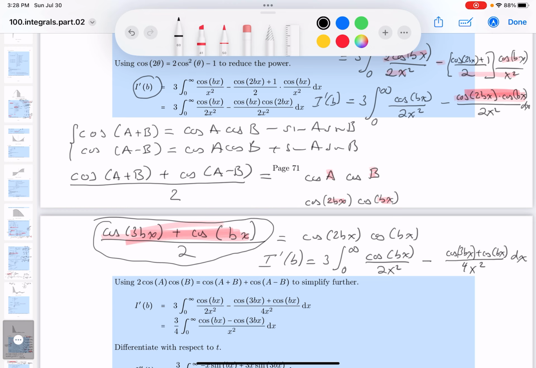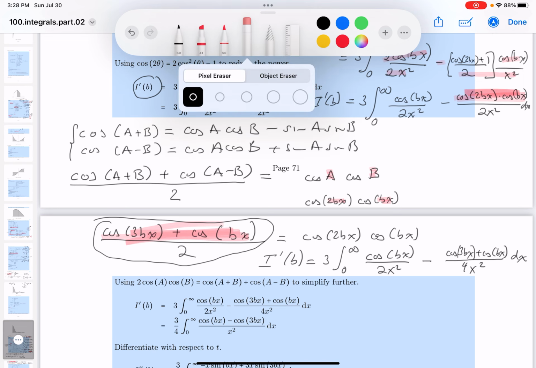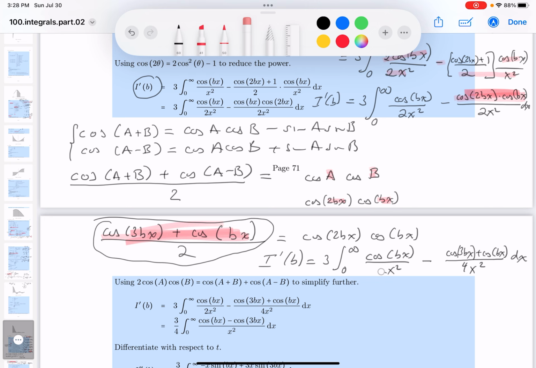Well, I'm going to try to combine those 2 terms together now, see if things get better. And the way to do that is I'm going to multiply top and bottom by 2. So this will become 4. This becomes 2. And let's see what you get. You get 3, 0 to infinity, 4x squared dx.